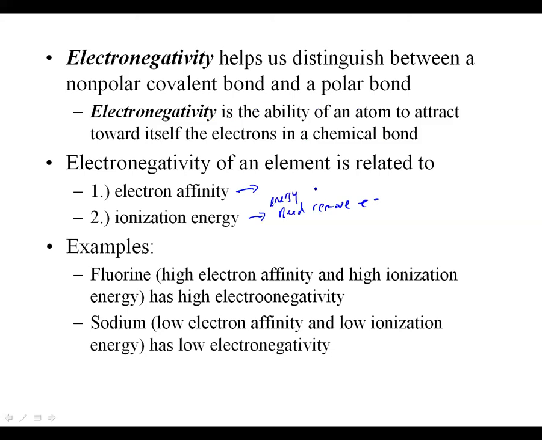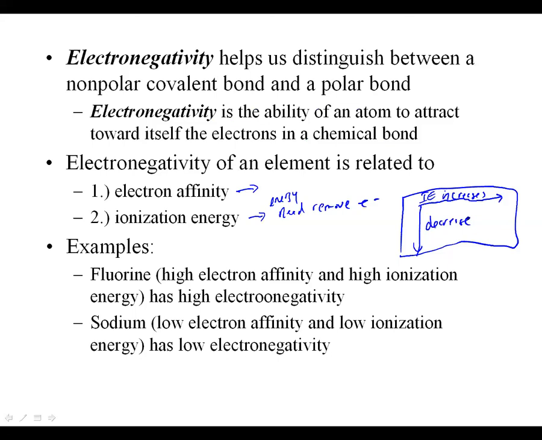And again, when we look at the periodic table, in terms of those trends we talked about in chapter 2, as we go up and to the right, ionization energy increases. And as we go down, ionization energy will decrease. So up and to the right is our nonmetals.